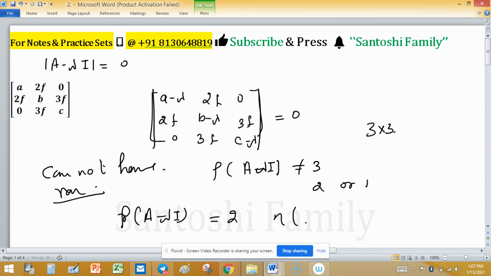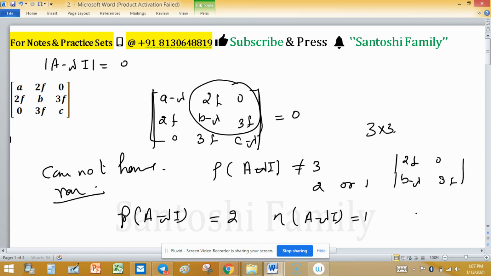So the nullity of A minus lambda I is equal to 1. Or you can see here, because f is non-zero, a submatrix or minor, the circled minor, with entries 2f, 0, b minus lambda, and 3f, has a non-zero determinant because it is 6 f squared and f is non-zero.